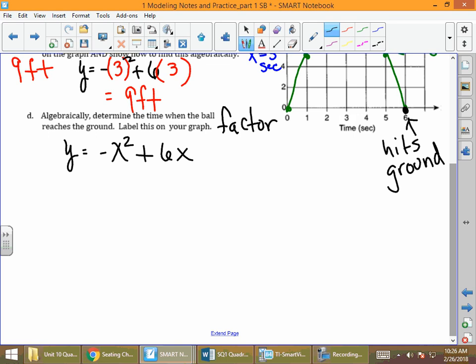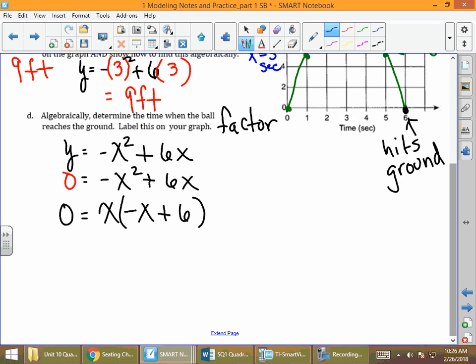But to use the zero product rule, we need to put 0 in for the y. And now we can factor. And we're going to use our greatest common factor. The greatest common factor in this problem is x. When we factor that out, we have x times negative x plus 6 equals 0.